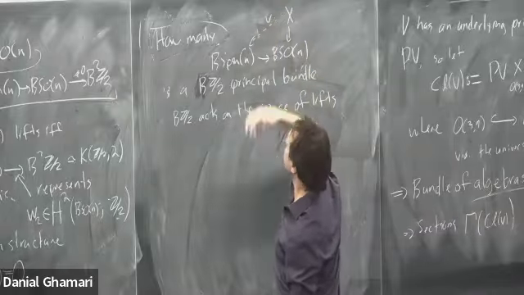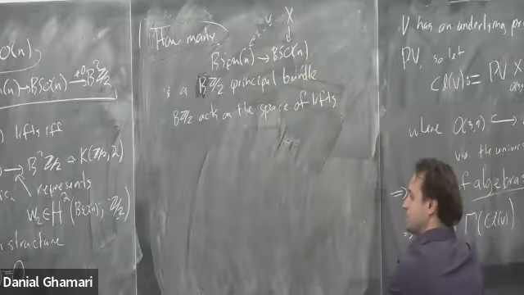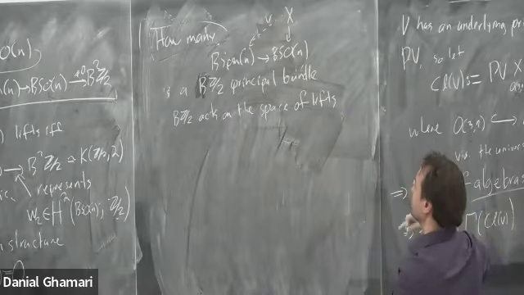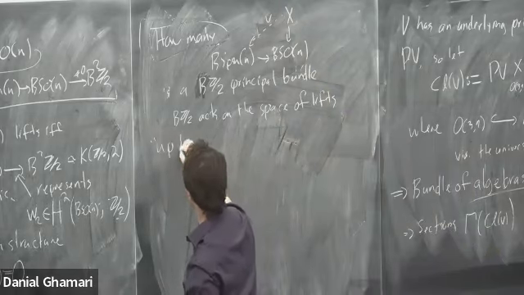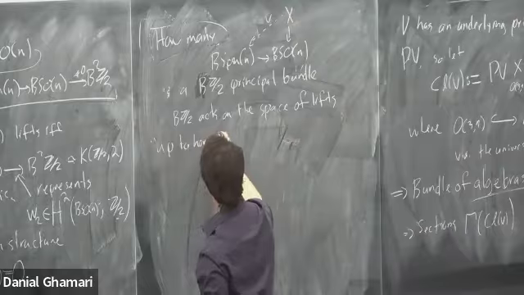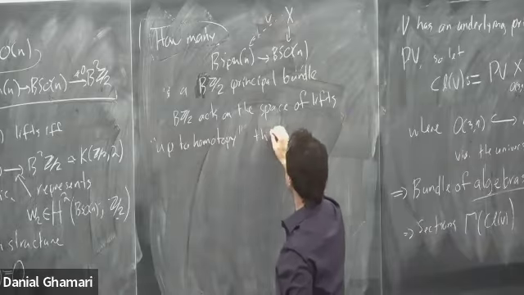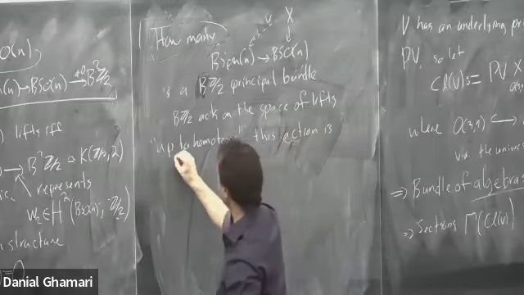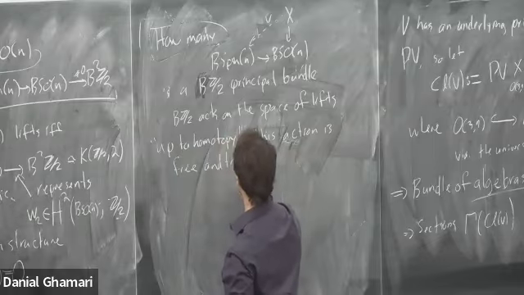If you have a lift into a principal bundle, then the G action on the principal bundle acts on the space of lifts to give you another lift. In fact, up to homotopy, in the appropriate sense, since I don't have time to spell it out, this action is free and transitive. So it's called a torsor.